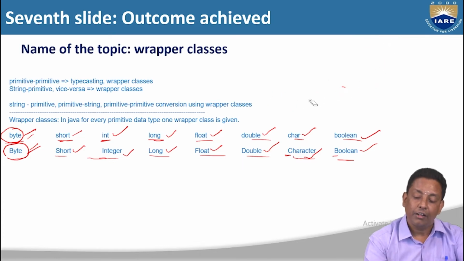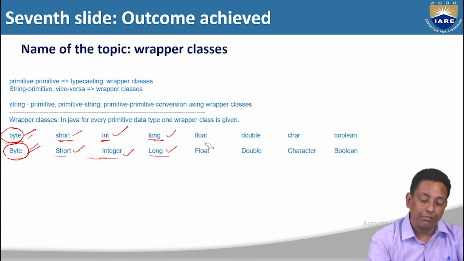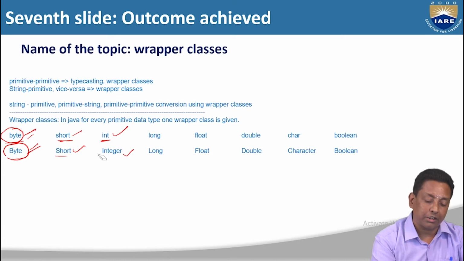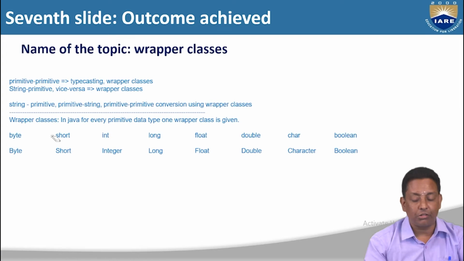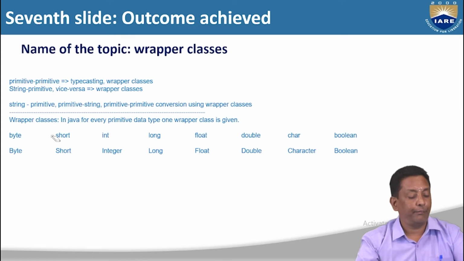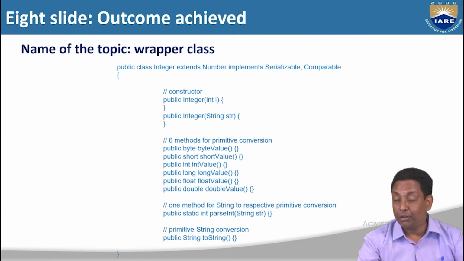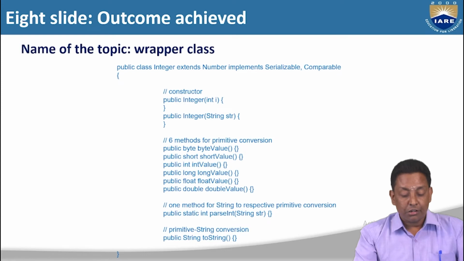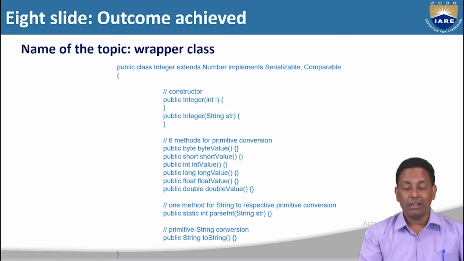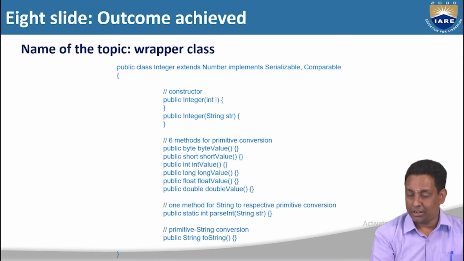So we'll see the first wrapper class, some byte, or we can take any one of the wrapper classes, but I prefer and most frequently use the wrapper class Integer, because byte and short we don't use in programming much. So I give importance to Integer. Let us see how the Integer class is given in the predefined wrapper classes. The Integer class is given in the Java API. This is not a user defined data type, it's a predefined class in Java.